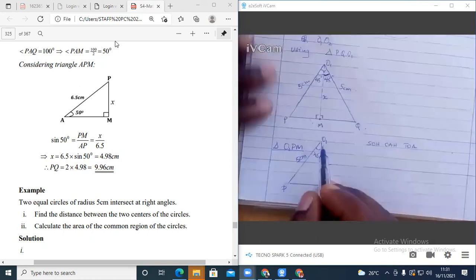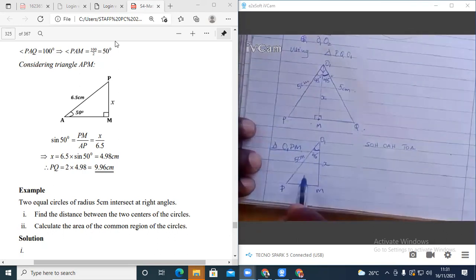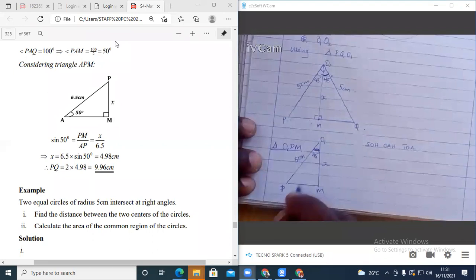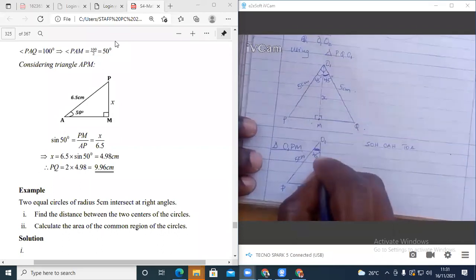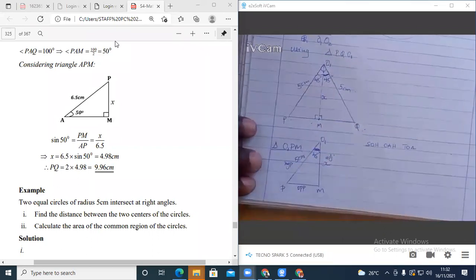When I look at this angle here, which side is opposite? PM. So this is opposite. Which one is the adjacent? X. So this is the adjacent, and this is the hypotenuse. So what are we going to use? Wilma, what are we going to use?